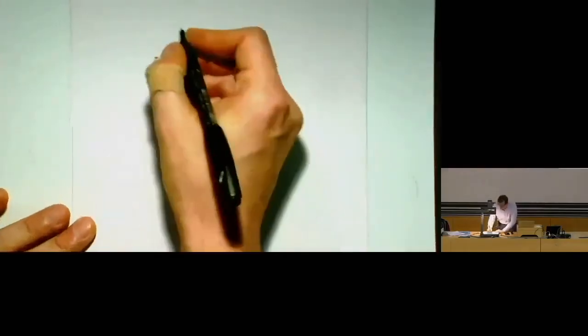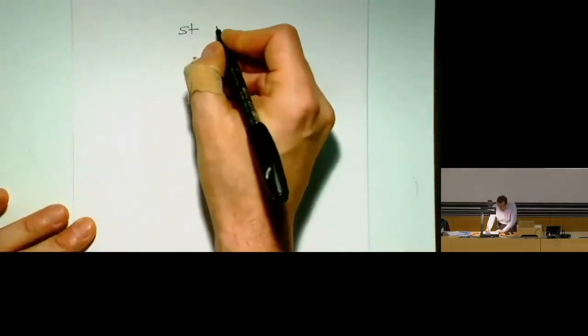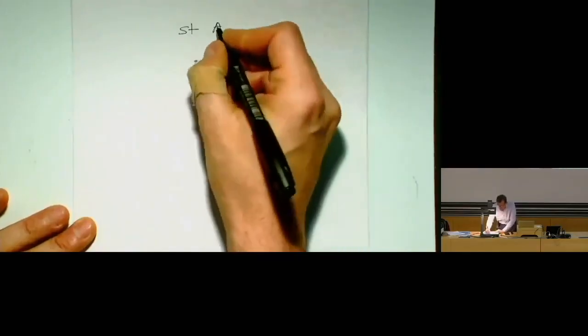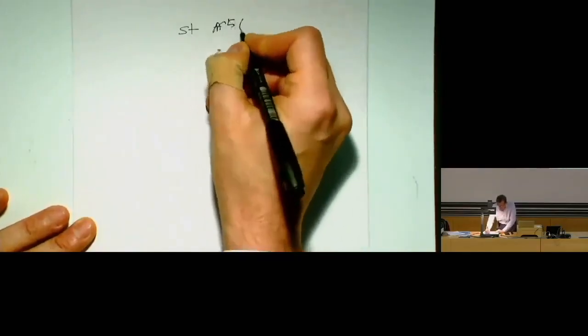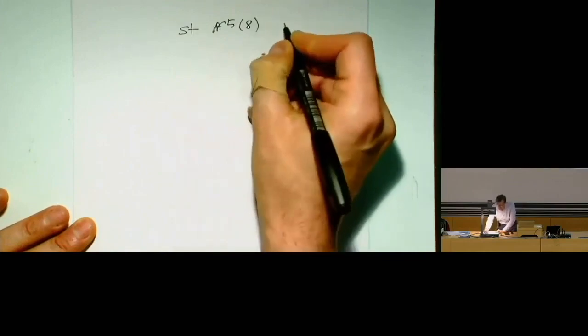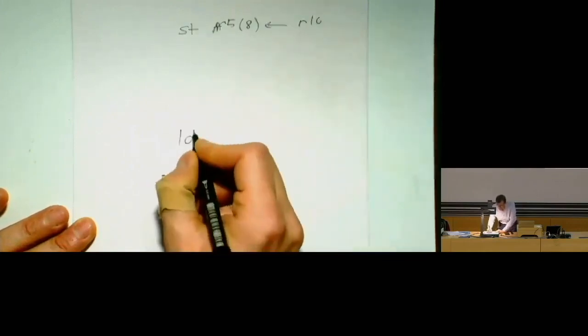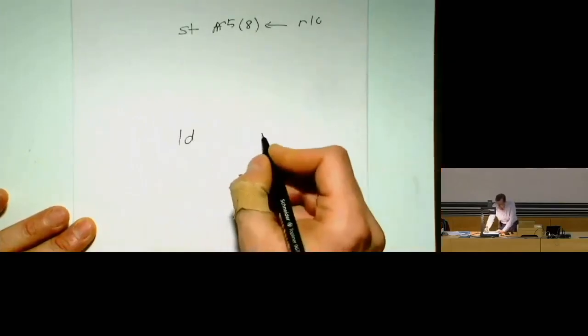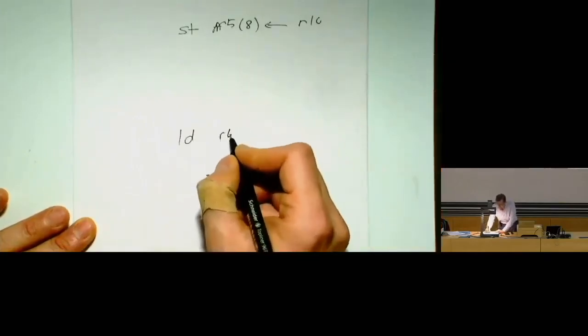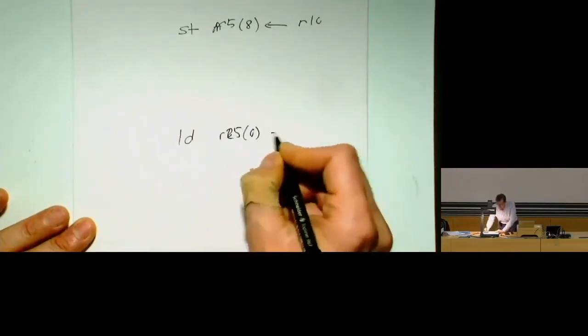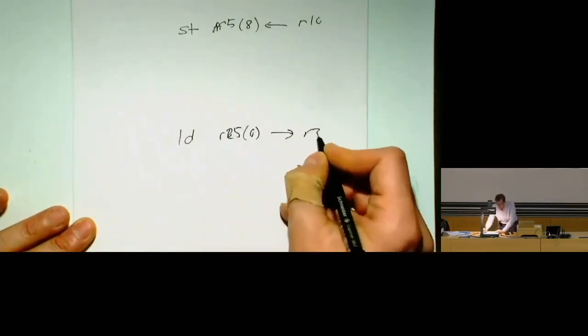So let me switch to this very quickly. I think we're going to switch back and forth a bit. Let's assume that we have a program, and you have a store instruction here. It basically computes an address based on R5 with some offset, and then it writes, I don't know, R10 over here. And then we have a load instruction that computes its address based on R25, and then writes the result into whatever register.